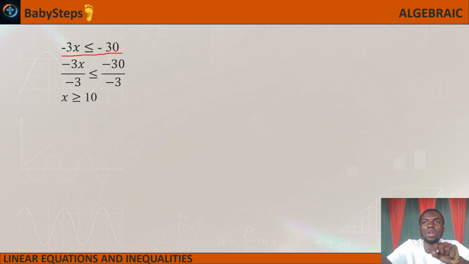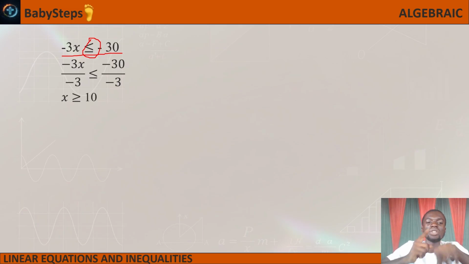Whenever you are dividing through by a negative in a linear inequality, it is called an inequality because of the less than, greater than, or equal to sign that comes there. If it is an equal to sign, it will be an equality. So whenever you divide an inequality by a negative number, the sign changes.